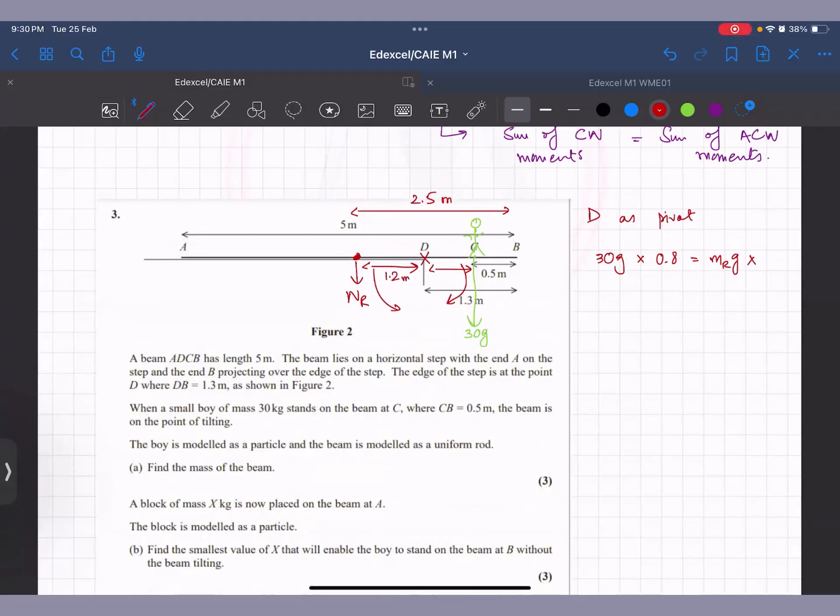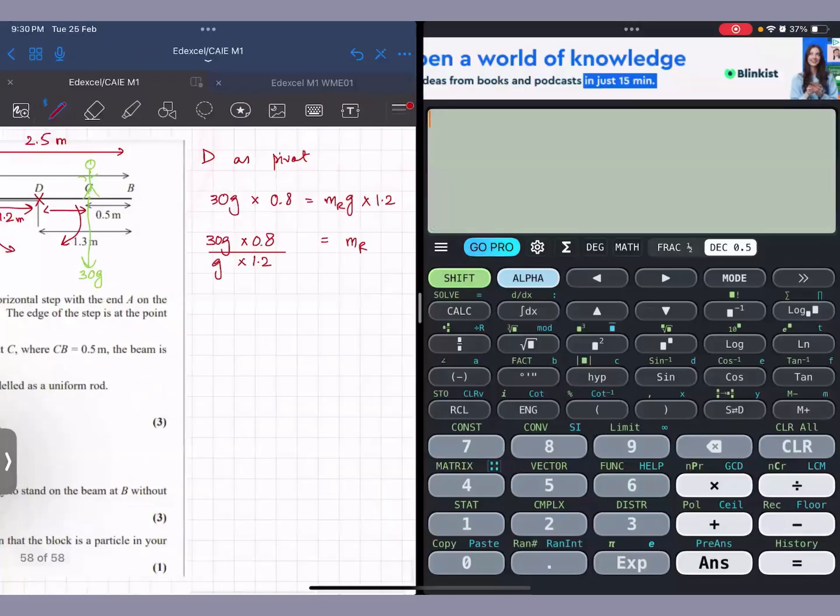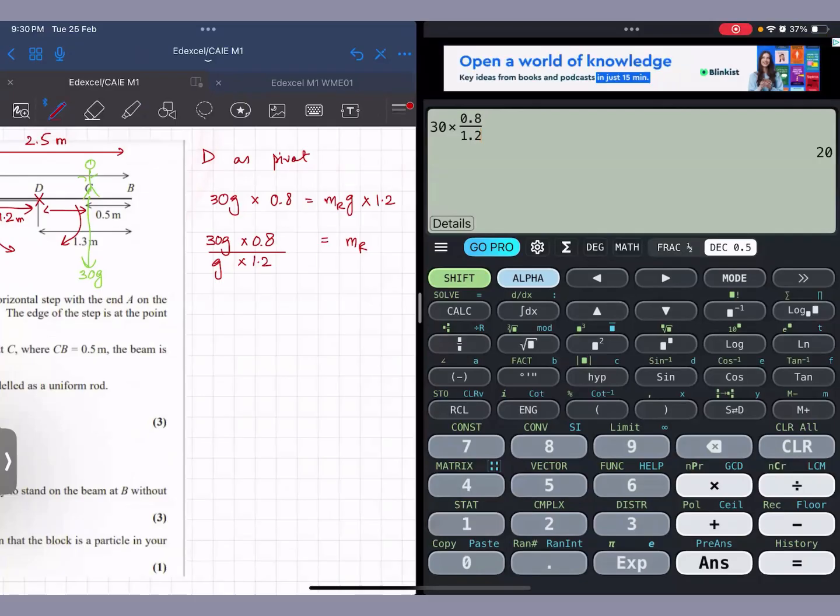So mass of rod times g multiplied by 1.2. Now we just need to find the mass of rod, which would be 30g times 0.8 upon g times 1.2. g and g would cancel out, so 30 times 0.8 upon 1.2, which is 20. Mass of rod is 20 kg.